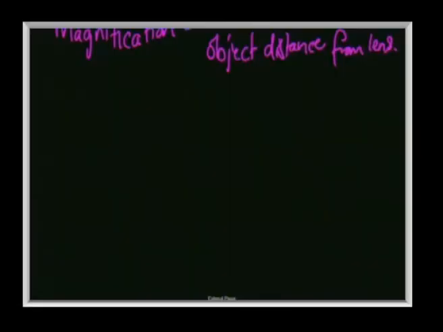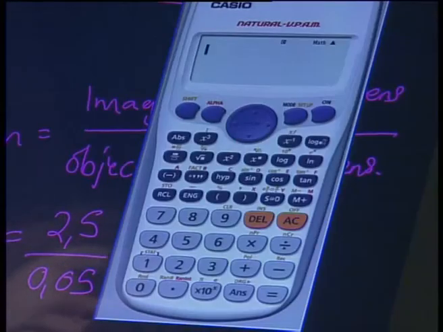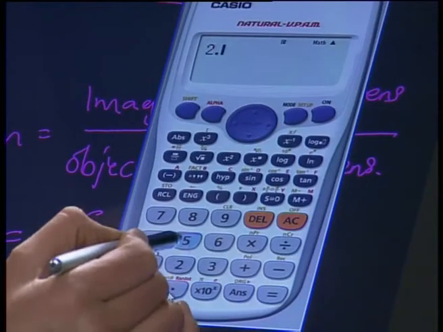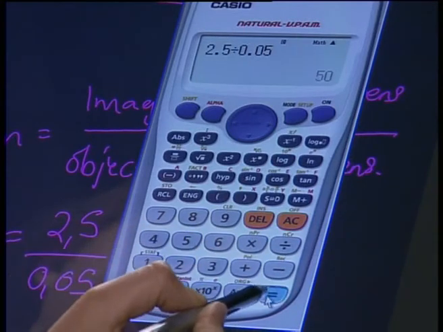So we go and we substitute our values in here. The distance of the image from the lens is 2.5, and the distance of my object from the lens is going to be 0.05. My fractions aren't that good, so we're going to use the calculator, and we say 2.5 divided by 0.05.